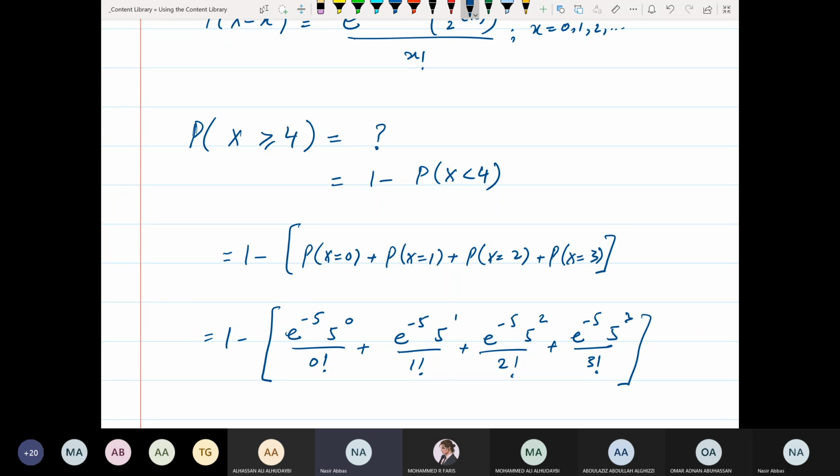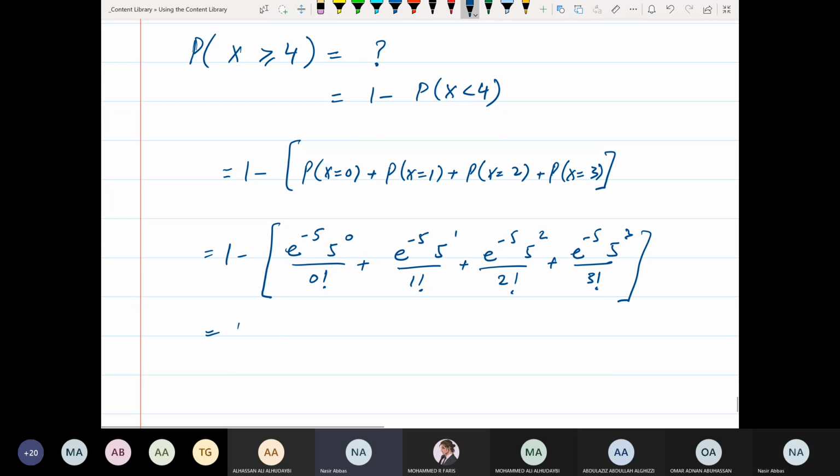Poisson distribution, X less than or equal to 3, the mean is 5. So it is 1 minus 0.265, which is 0.735.